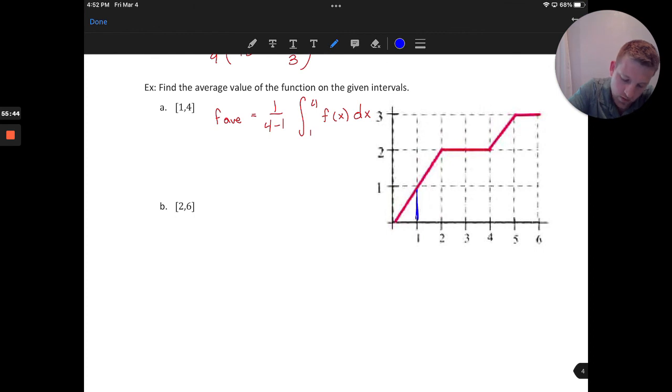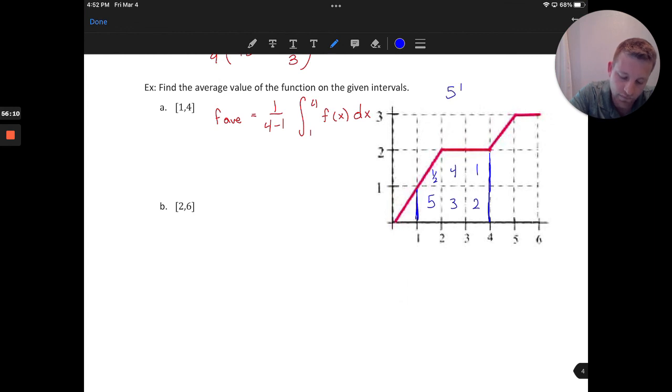From 1 all the way to 4 will be that section of the graph. Each of these boxes is 1 unit of area. So we got 1, 2, 3, 4, 5 units of area plus a half here. So we have 5.5 units of area, or we could call that 11 halves units of area.